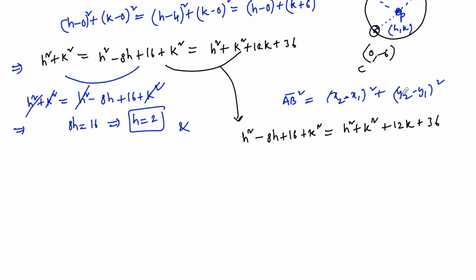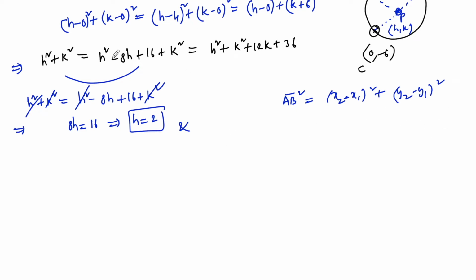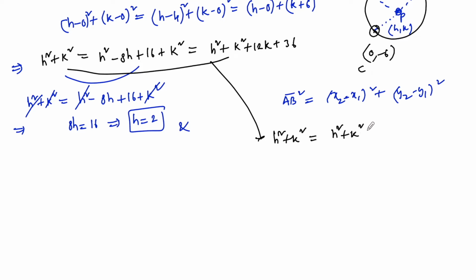By solving, I can take directly from 1 and 3. It's better to take 1 and 3. So H square plus K square is equal to H square plus K square plus 12K plus 36. So we can cancel H square and K square with the same sign on both the sides.